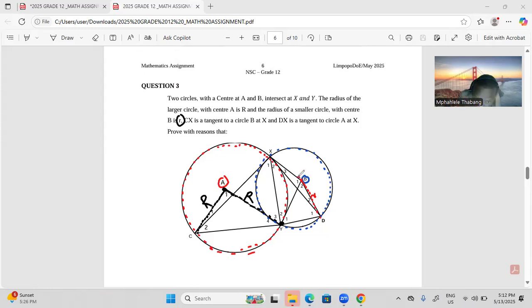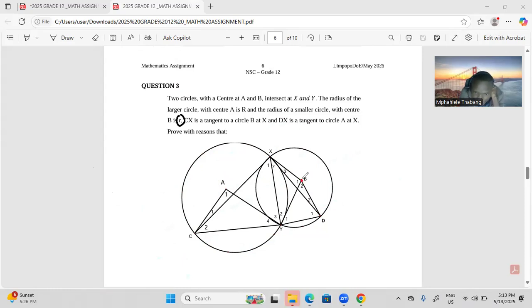Even the distance from B to C, we can denote it with small letter r because it's a radius of the small circle. We call them equality. Actually, the distance from B to X is equal to the distance from B to D, equality. So let me just highlight the idea of equality, because this one is very, very important for the exam.